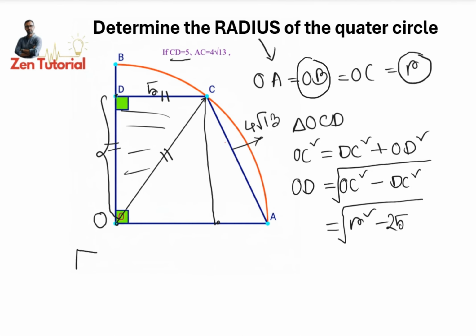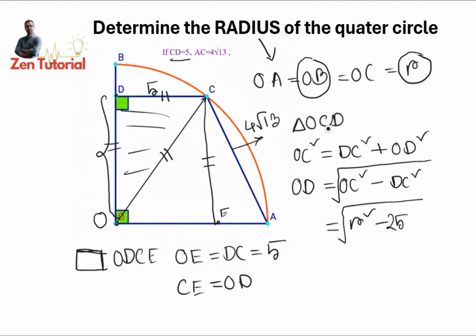So this quadrilateral ODCE, where OE is equal to DC, which is 5, and CE is equal to OD, which is actually the length we just determined, that is the square root of R square minus 25.